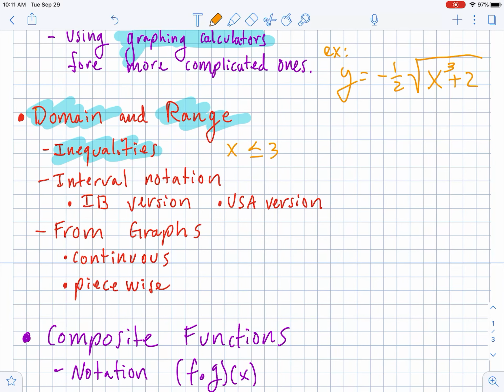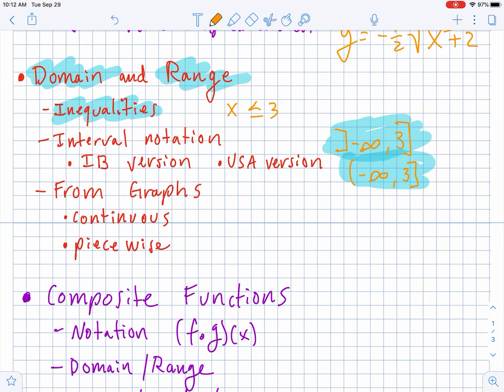The IB version of x is less than or equal to 3 would be negative infinity up to 3 and including it. But then the US version would look like this. So be ready to recognize both of these, so that if I throw something like that at you, you can understand what it means.